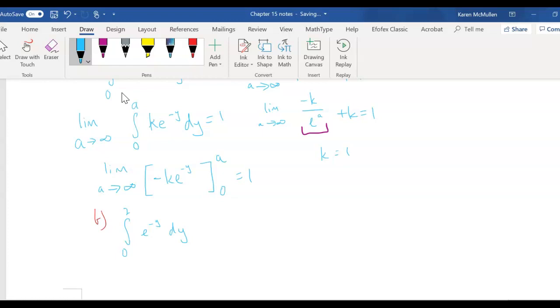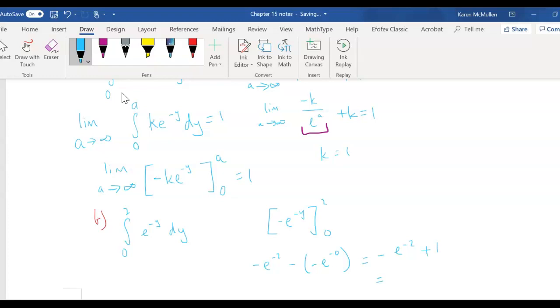The definite integral is going to be negative e to negative y from 0 to 2, and just substitute in 2 and then substitute in 0. So we've got negative e to the negative 2, sorry, a bit wonky there, and anything to the power of 0 is 1, so we're going to have plus 1.